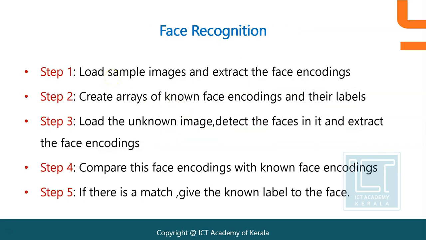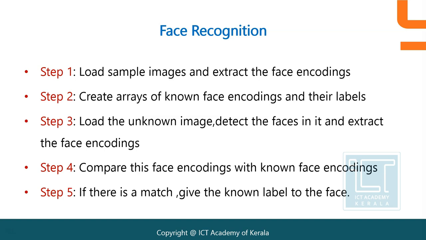Next, you have to create the arrays of known face encodings and their labels. Then load the unknown image, detect the faces in it and extract the face encodings. Compare these face encodings with the known face encodings. Since that's a comparison, after that step you will get a matrix of Boolean values.